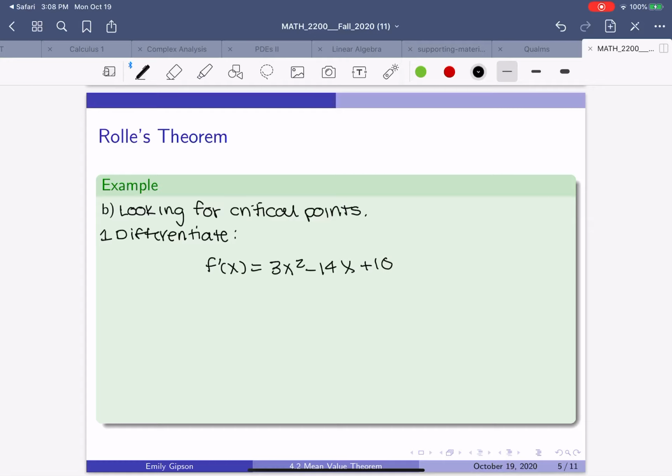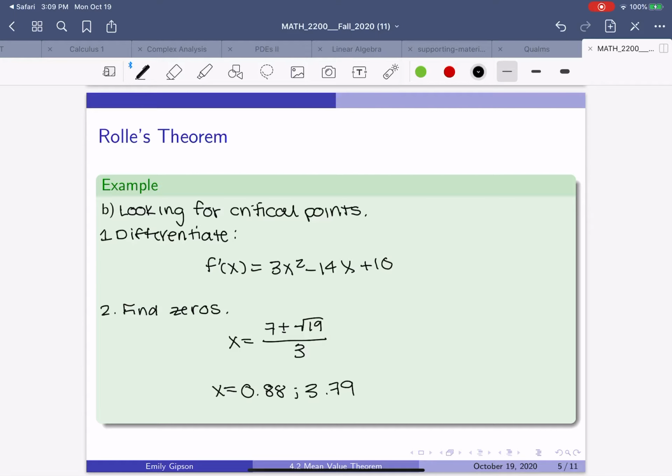Then we set f'(x) equal to 0 and solve for x using the quadratic formula. And we get that x equals (7 plus or minus the square root of 19) all over 3, or x equals 0.88 and 3.79.